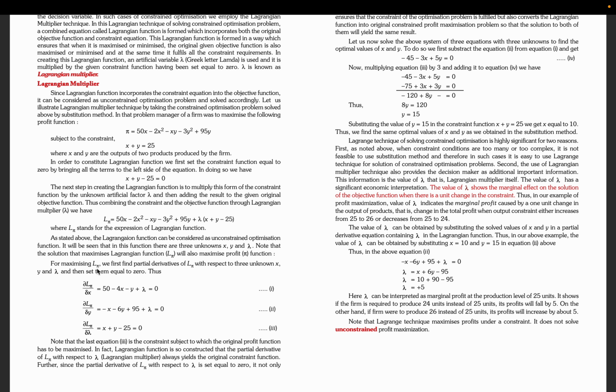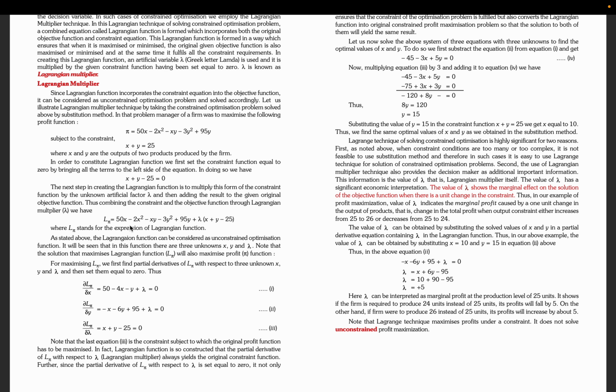For maximizing the Lagrangian, we first find the partial derivatives of the Lagrangian with respect to the three unknowns x, y and lambda. This follows from the intuition of differentiation, which we've done multiple times. Now let's do that for x, and you can do that for y and lambda similarly.